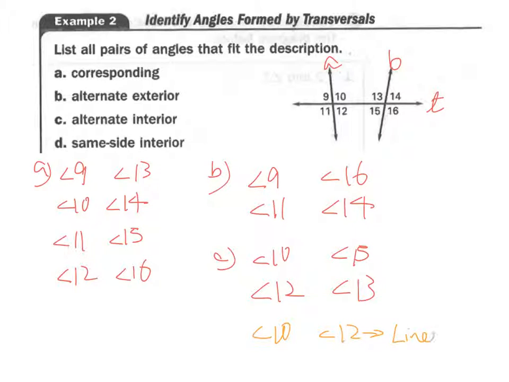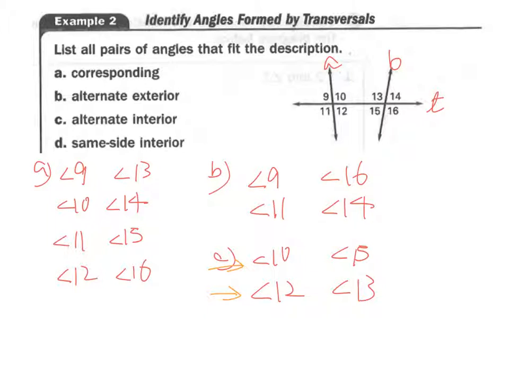They form 180 degrees, but they are not called alternating interior because both of them are affiliated with line A and the transversal T. When we talk about each of these pairs, they all form a relationship with the transversal and 2 separate lines. So that's the reason that we're not looking at 10 and 12 and 13 and 15.